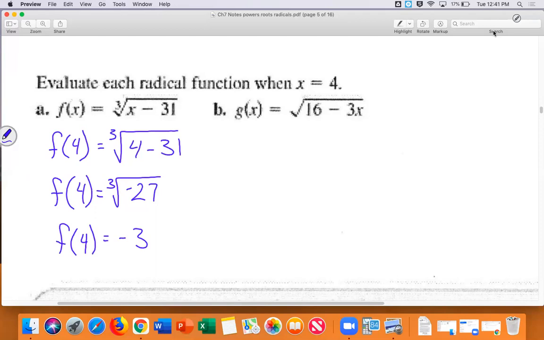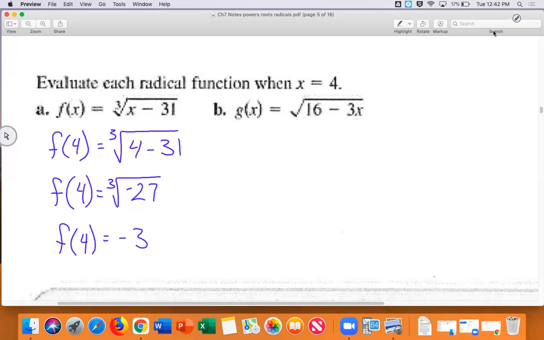Yeah, you gotta put it in parentheses. The 1/3. Parentheses, yep, 1/3. Like that. So we get f of 4 is -3.